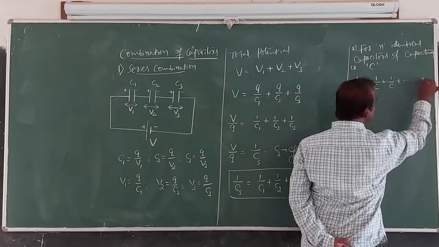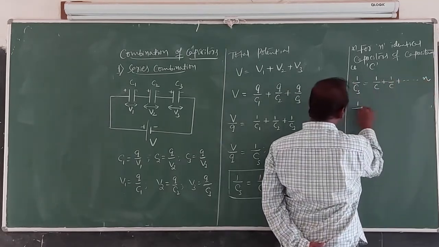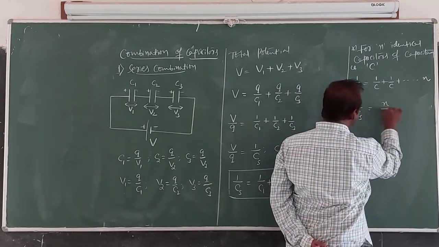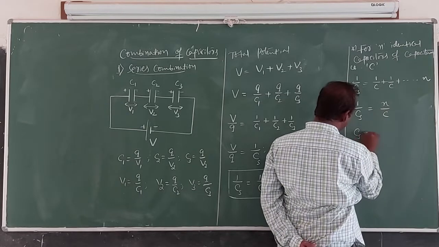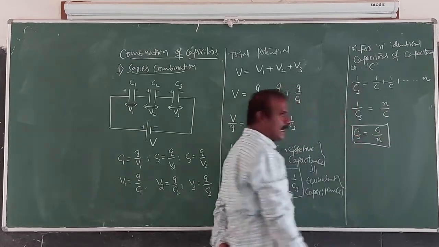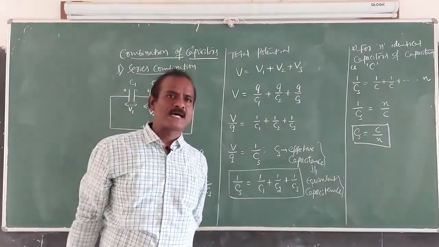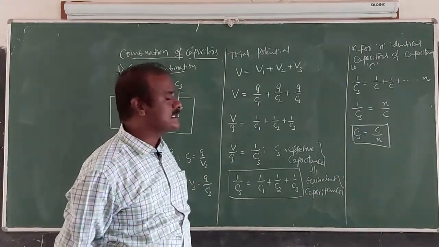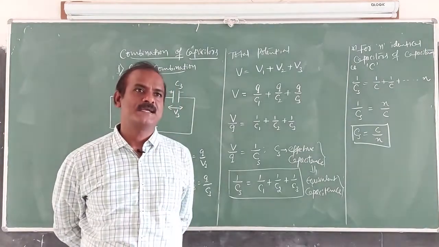How many in number? N in number. Therefore 1 by CS will be equal to N by C, or CS will be equal to C by N. Remember, if there are N identical capacitors, each of capacitance C, then their effective series combination is C by N.